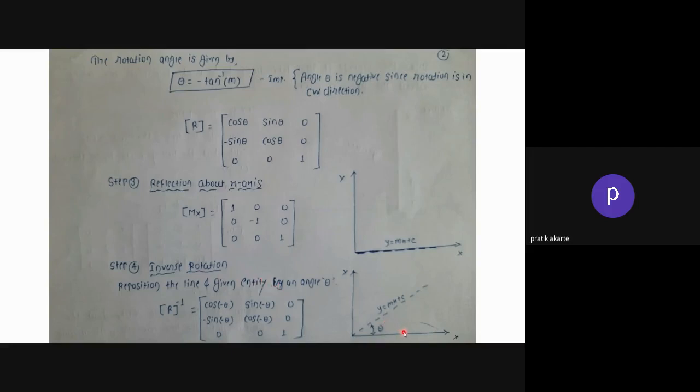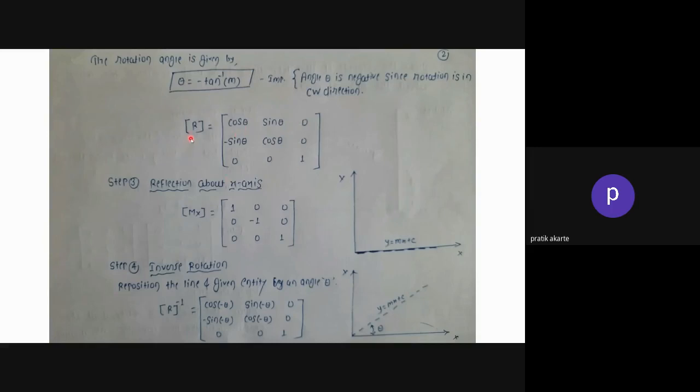Now we are rotating the line by an angle theta. Don't get confused that I haven't written minus theta over here and I am writing minus theta over here. It is just for showing you the sign convention, the difference between your rotational transformation and inverse rotational transformation. In rotational transformation, we write cos theta, sine theta.